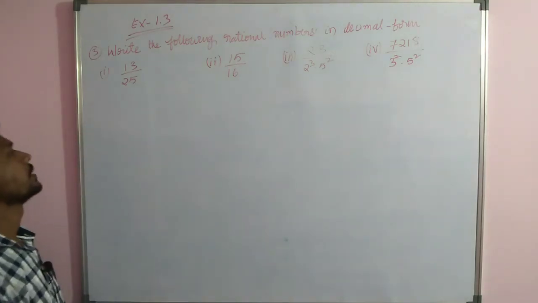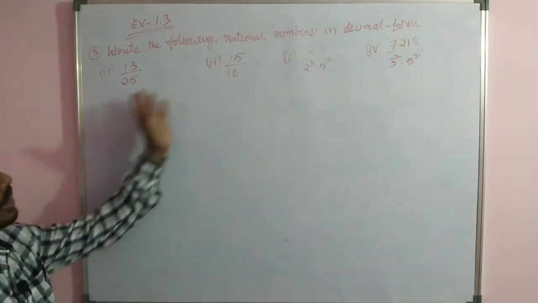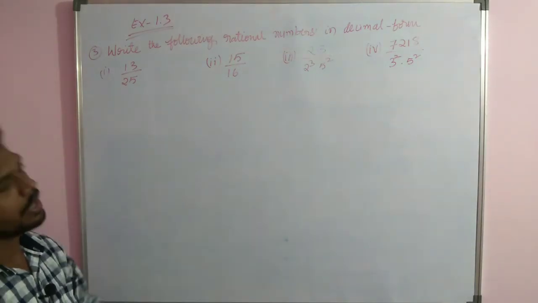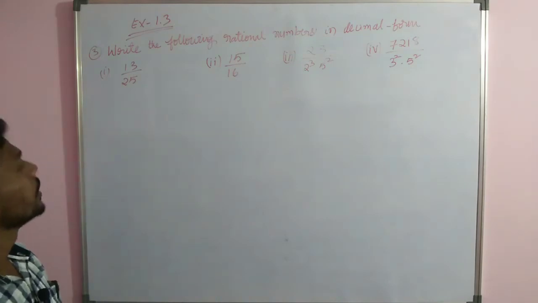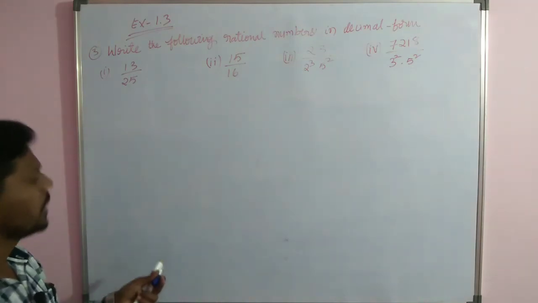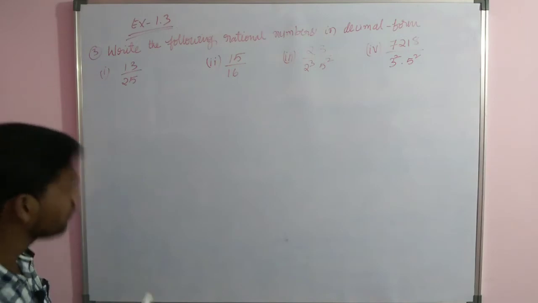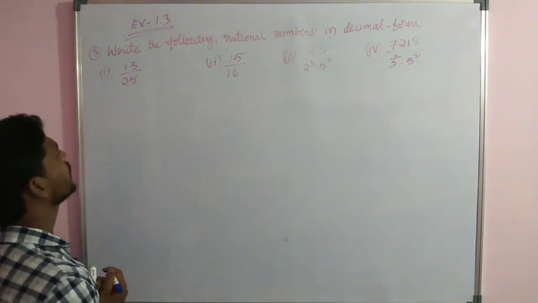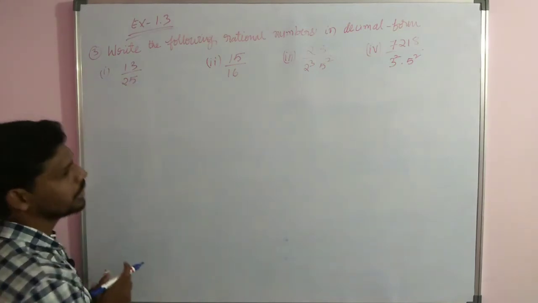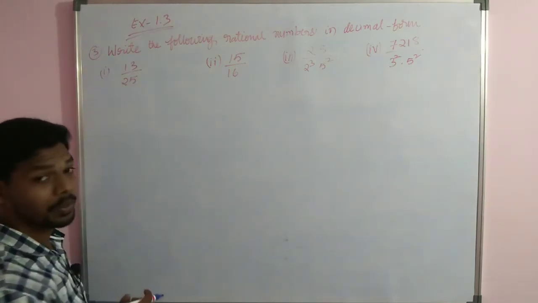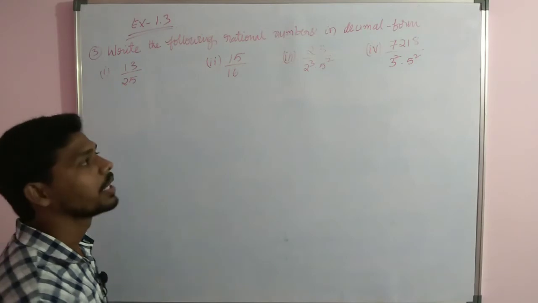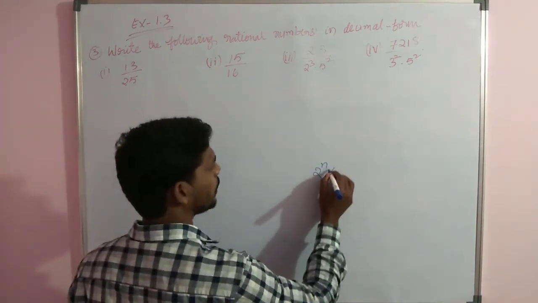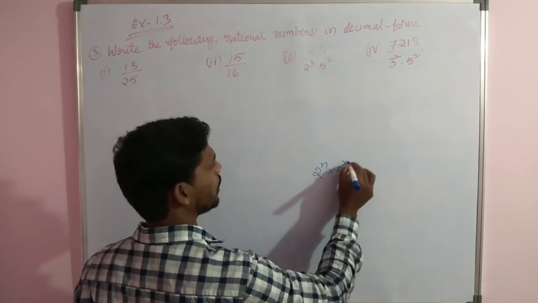Now next bit, that is the third bit: write the following rational numbers in decimal form. So first problem is 13 by 25. First, if there is any cancellation you can do it, otherwise go directly to the denominator and write it in the form of 2 power n and 5 power m.